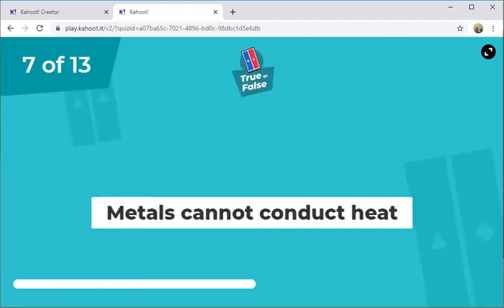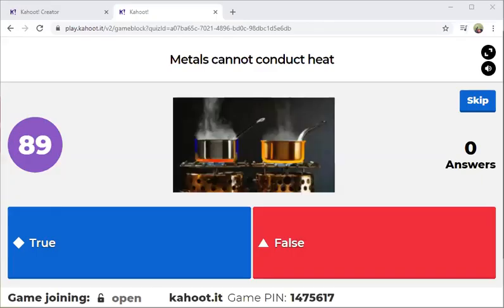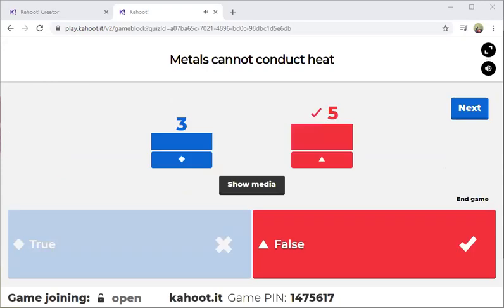Metals cannot conduct heat. True or false? All right, beautiful.